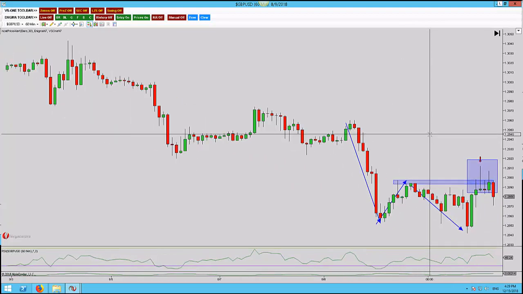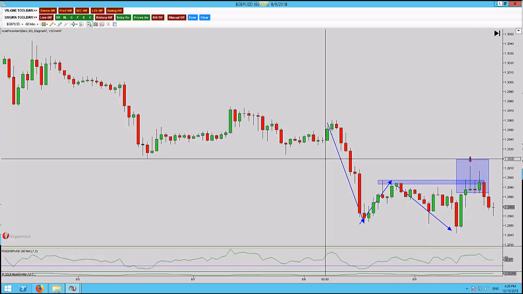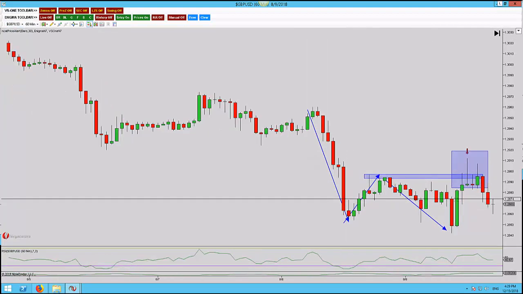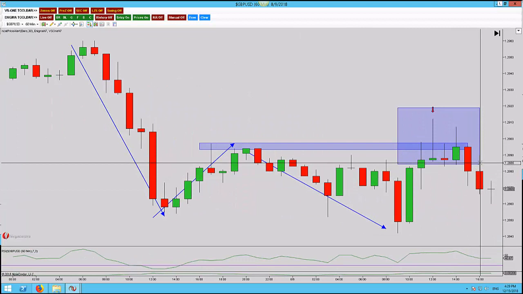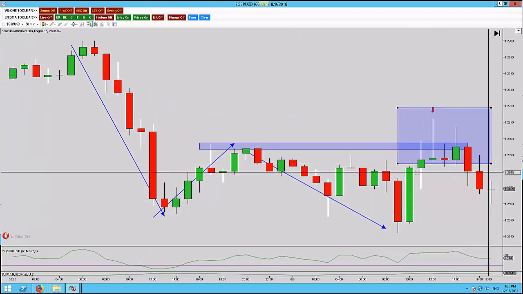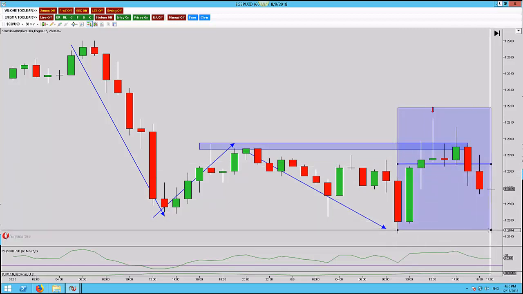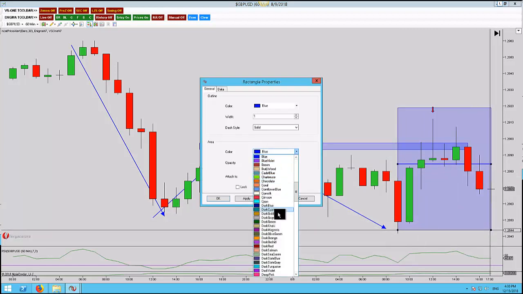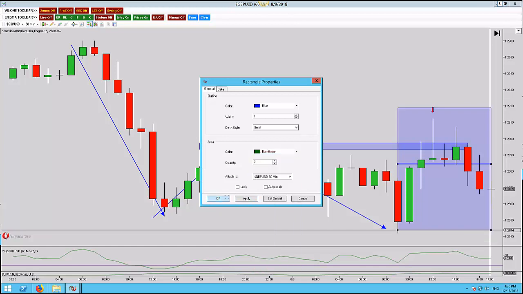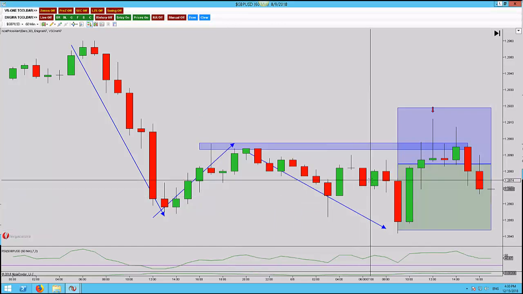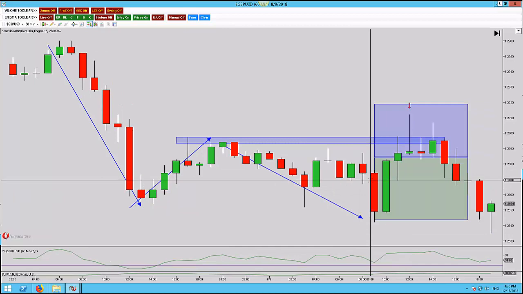Okay, let's see. Right, and if I zoom in, you can see that price did come up that quarter of a bar. Second targets are going to be just a few pips below the lows, so we're going to make that green. And second targets are going to be down at that level that I indicated.